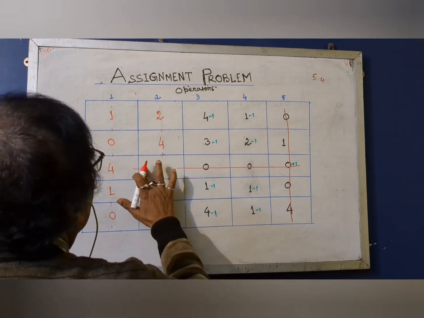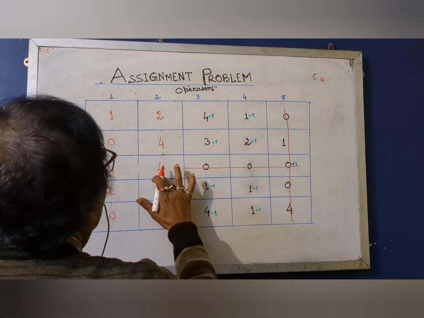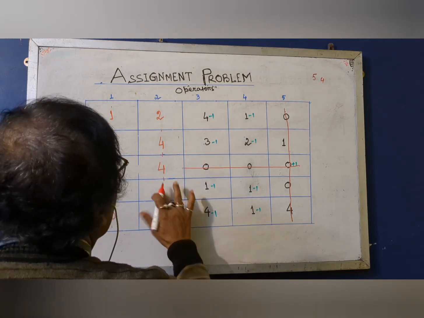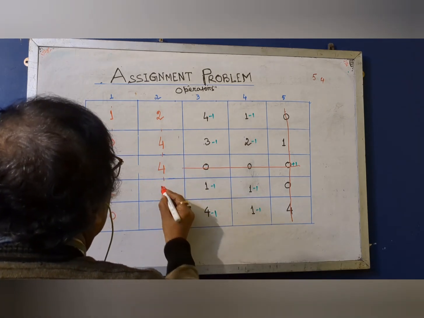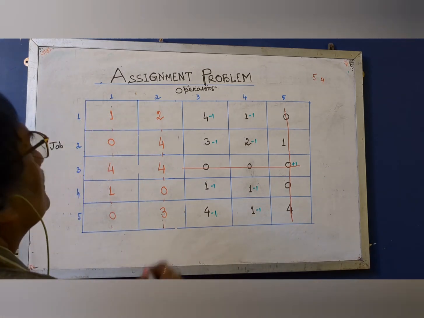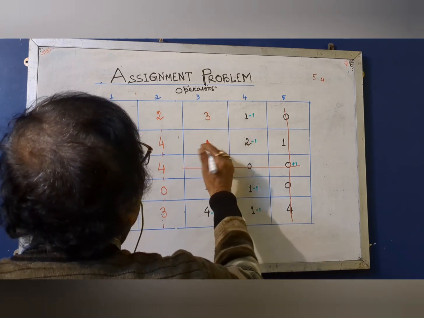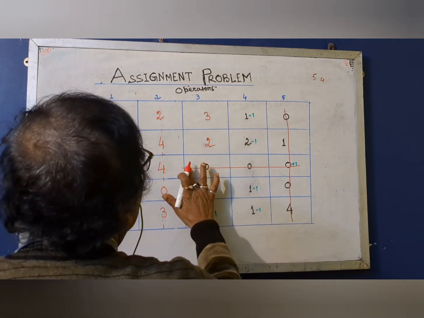It will be written as 4, and it will remain the same. 0, 0, and 3. 0 and 3. It will be 3. The revised one, it will be 3. 3 minus 1 is 2, and it will remain the same.